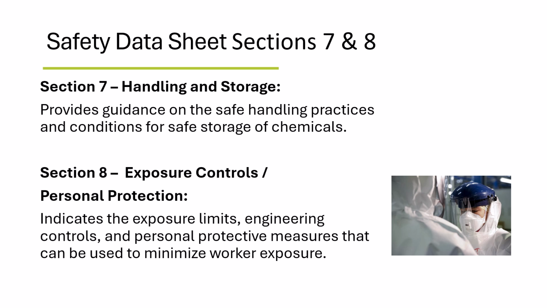Section 8 contains applicable federal OSHA permissible exposure limits and other occupational exposure limits. Specific states like Michigan may have lower permissible exposure limits that are not listed on the SDS. Section 8 also contains recommendations for engineering controls and personal protective equipment to minimize employee exposure. The recommendations may include specific materials or general recommendations in these areas.